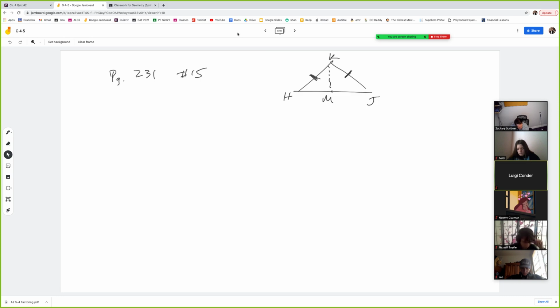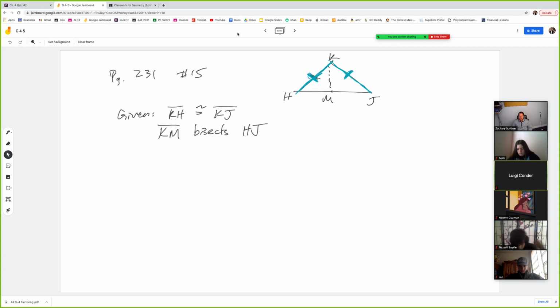Okay? So what is given to us is KH is congruent to KJ, and secondly, KM bisects HJ.